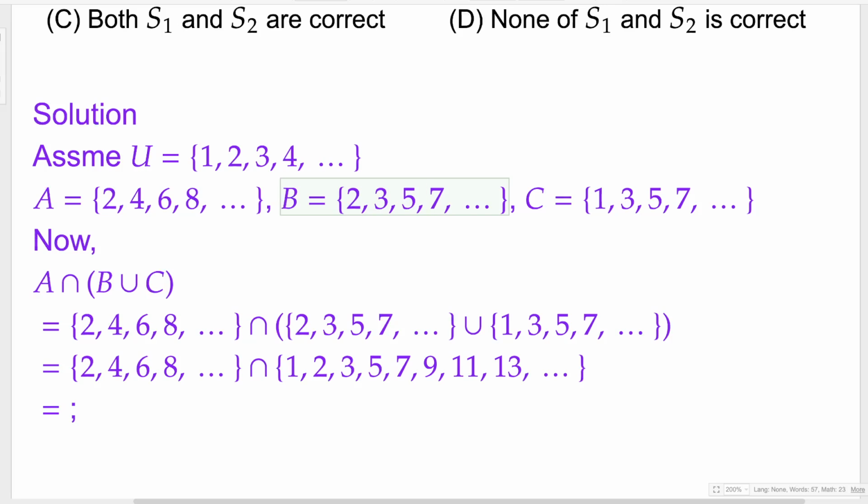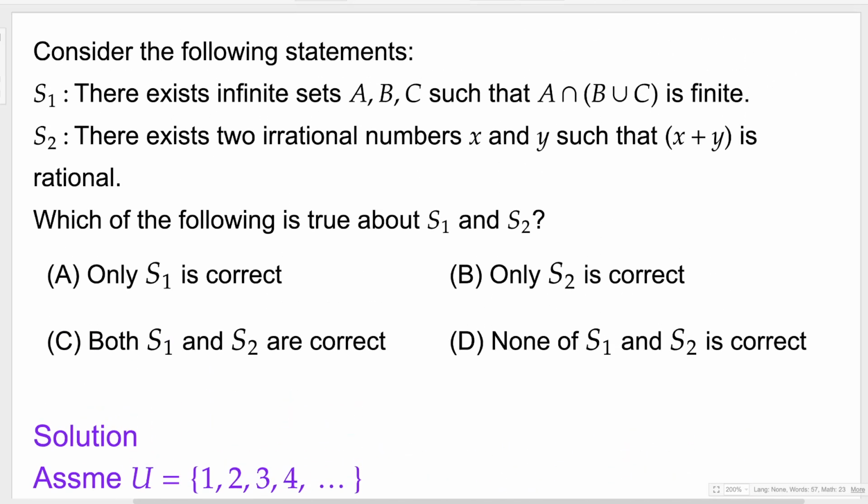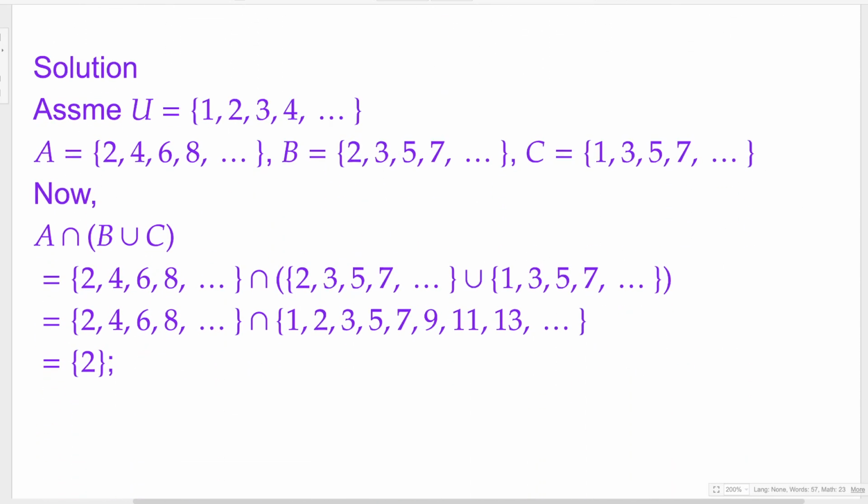So if I take the intersection, I'll get 2 here. You can clearly observe that the set of even numbers is infinite, the set of prime numbers is infinite, and the set of odd numbers is again infinite. And when I perform this operation, the result is finite. So this statement is true, and we can conclude that S1 is indeed true.